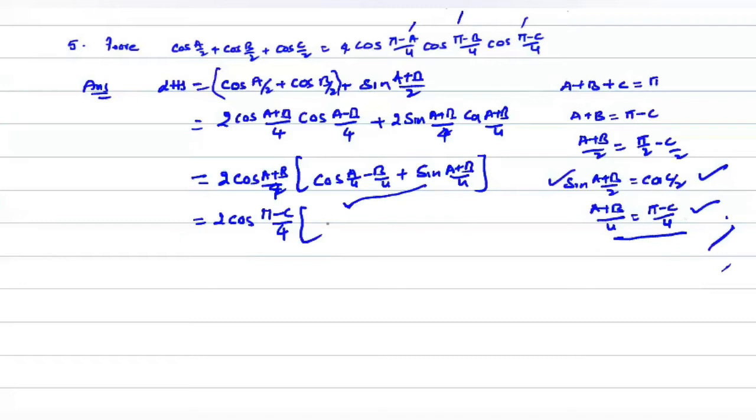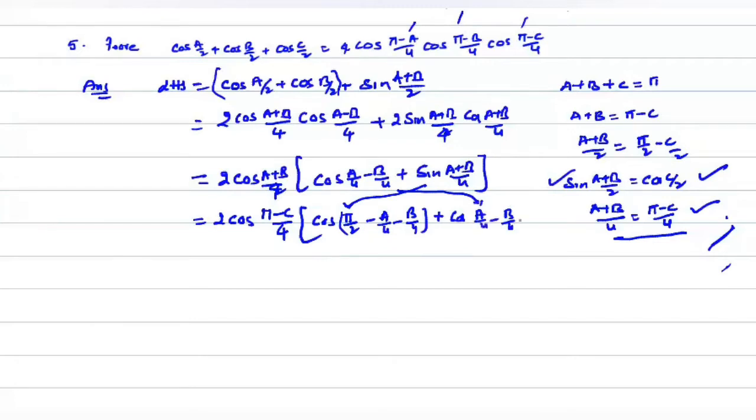Cos of 90 minus theta. Minus theta is minus of a by 4 plus b by 4. Can you get it? Sin theta is cos of 90 minus theta. And then plus cos of a by 4 minus b by 4.